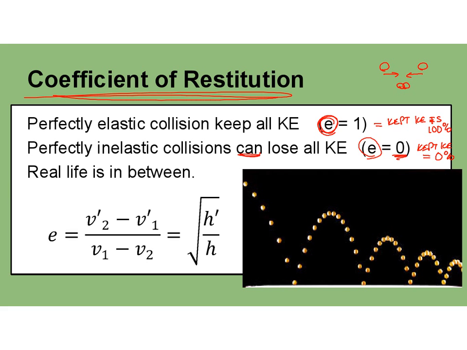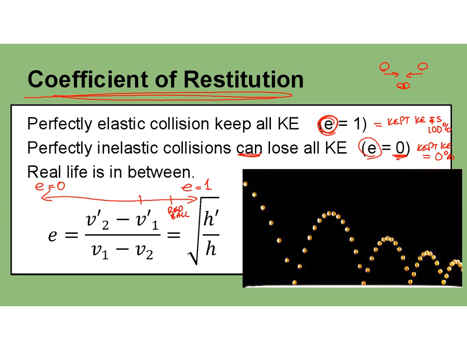And you can think here of kind of a continuum, a spectrum, where I get to keep all of the kinetic energy, or I lose all the kinetic energy. A red rubber ball from the machine in the grocery store might be right there. I might get to keep 80% of my kinetic energy. A tennis ball might be 60 or 70%.